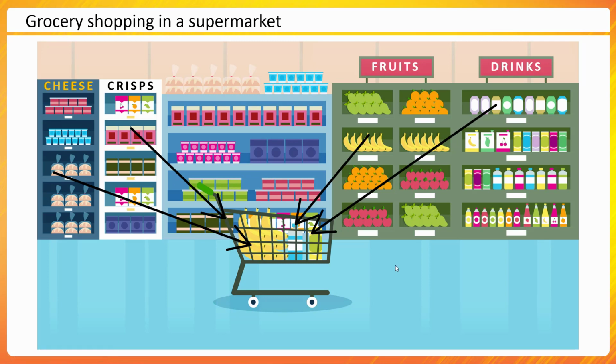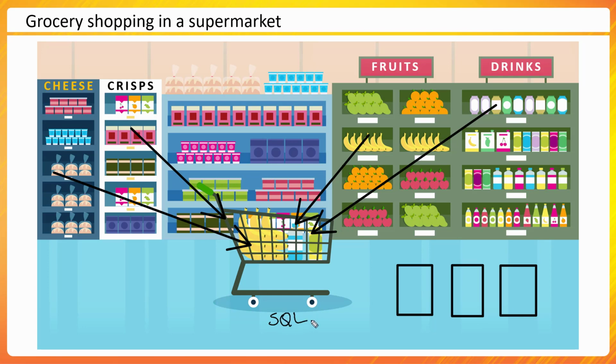Think of these racks as your tables in which your data is stored. And you run a SQL query, which is your shopping cart. To satisfy the query, what would happen? Probably your data may be pulled from multiple tables, combined together and then delivered back to you. That's what a traditional SQL database is.